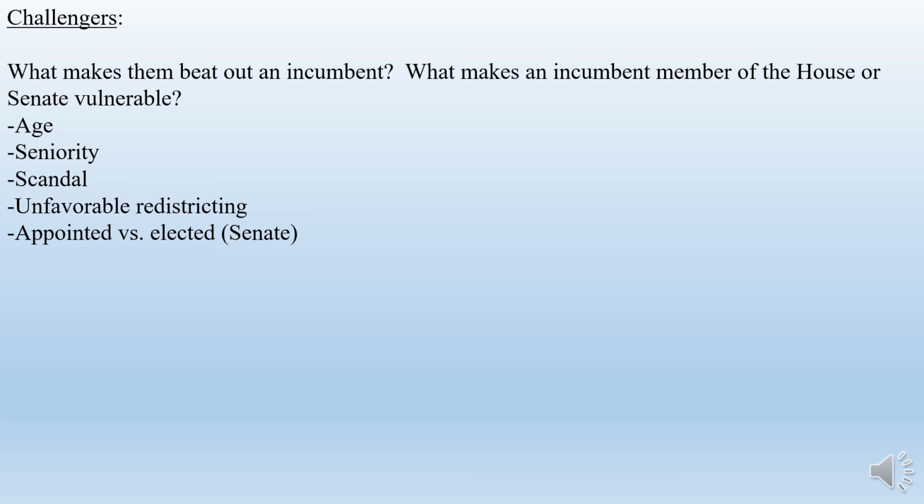So McSally is appointed. She then is required to run in the next election to fulfill the remaining term of John McCain, who last won the election, I believe, in 2016. Yes, because I think they have to run again in 2022. So now normally an incumbent senator would be hard to beat. But because she was appointed, that meant that they could go out and find a high-quality challenger.